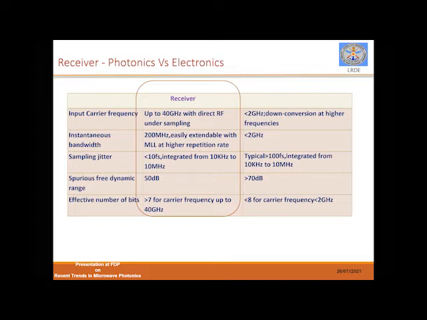And similarly, instantaneous bandwidth. Please don't confuse what I meant by 40 gigahertz; here it is the carrier signal, and then the bandwidth. If I'm using a bandwidth of, say, 10 megahertz for tracking a target, this paper talks about a bandwidth of 200 megahertz. But one thing I can tell you is that it is extendable.